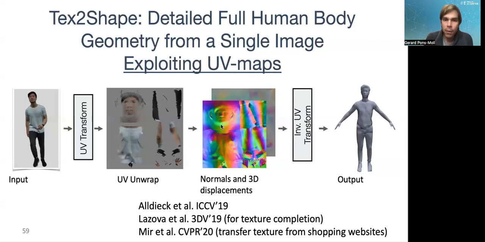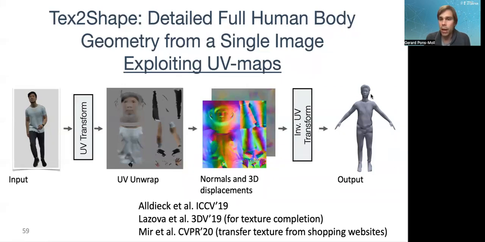Now, every pixel in this 2D image has a corresponding 3D point on the surface, which means that you can store here whatever relates to the 3D shape. You can store, for example, displacements, or you can store normals. And the cool thing is that you can have a very high resolution image.